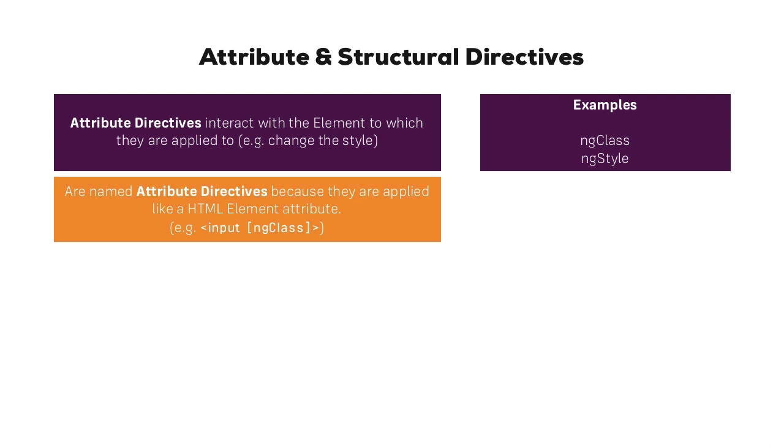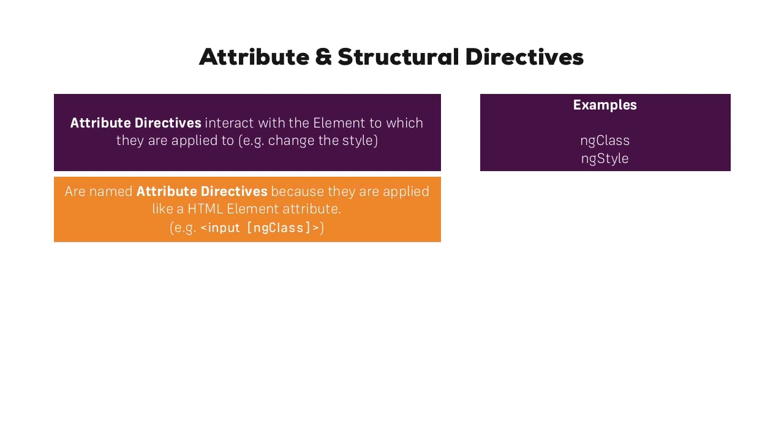And don't get confused by the brackets here. Brackets are not necessarily a part of attribute directives. The attribute directive is simply the ngClass. The brackets only come into play because ngClass in this example is a directive which needs an input, which uses property binding.